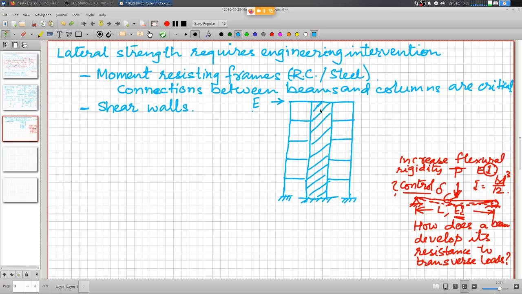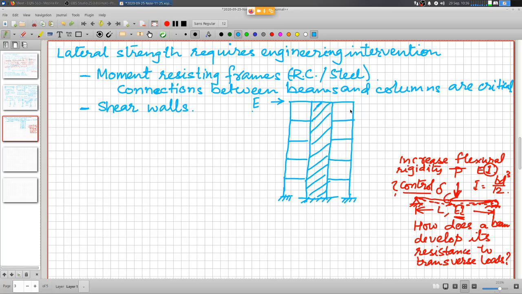it is used in combination with moment resistant frames, and most commonly, I drew it here at the center of the frame. The most effective placement would of course be at the periphery, along the periphery of the plan, but that doesn't really serve much of a functional requirement.